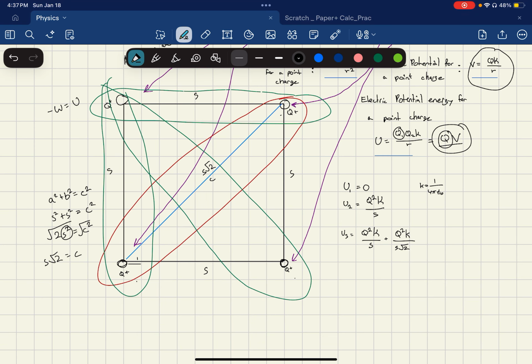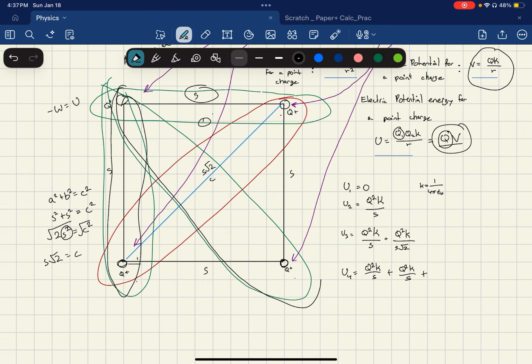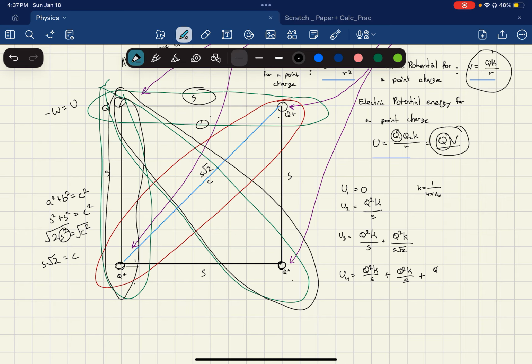U4 is equal to, well, we'll do this one first: Q squared K over S, because it's just this S length, plus another Q squared K over S, because now I'm adding this charge over here. Plus now I also have to add the diagonal. Since we already found the diagonal for the other one, it's the same diagonal because we're in the square, so the distance between these two is still going to be S root 2. So now we have all of these added up together.